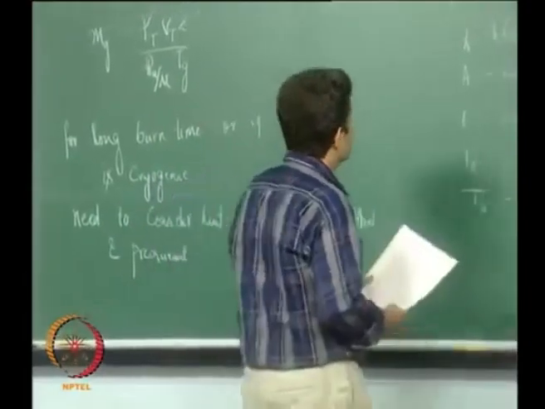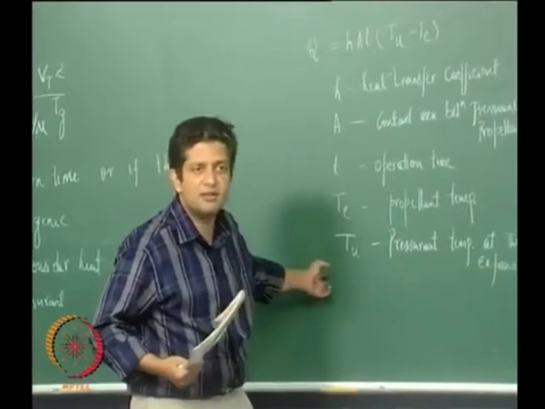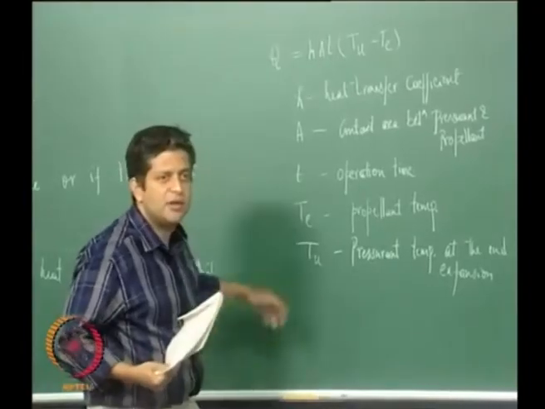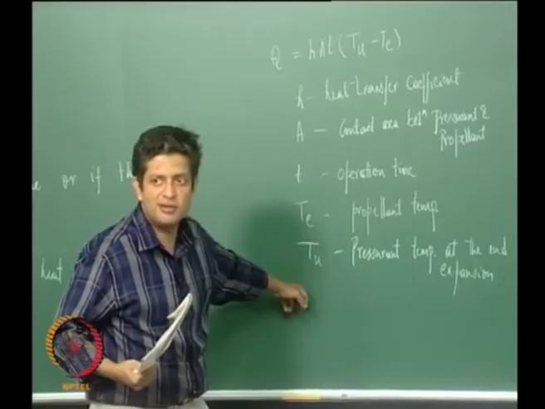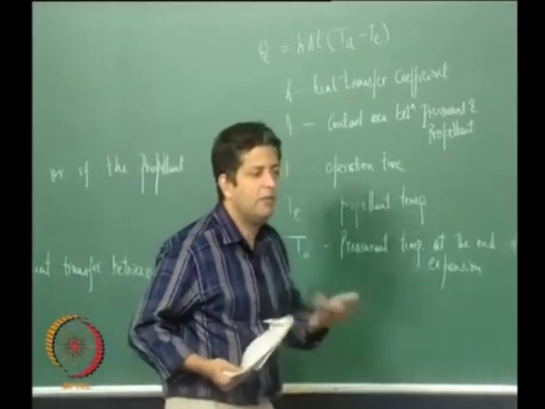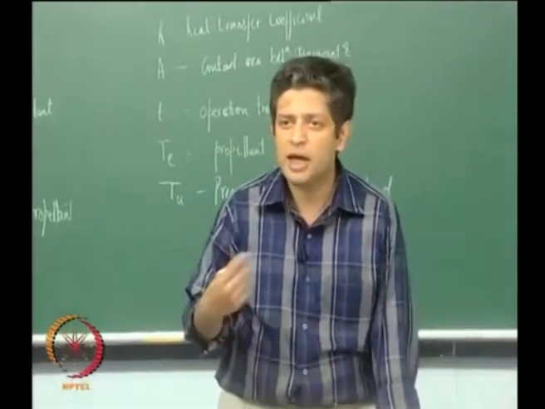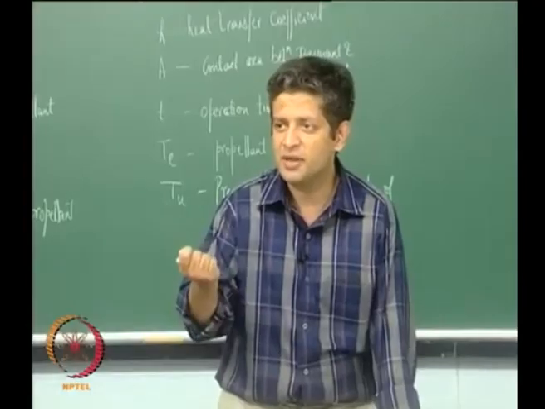So this is one part of the calculation. We have calculated the heat transferred from the pressurant gas to the propellant. Now the same heat that is absorbed by the propellant causes it to evaporate. The propellant absorbs this heat and evaporates.